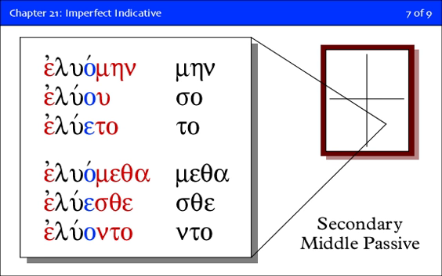And the endings are main, sa, ta, mitha, stha, nta. Then you stick them on the augmented luo and you get eluamen, eluu, eluata, eluamatha, eluestha, eluanta. Again, the second person singular has got that sigma that drops out and you have contractions. And there are some similarities and yet some differences with the active as well.